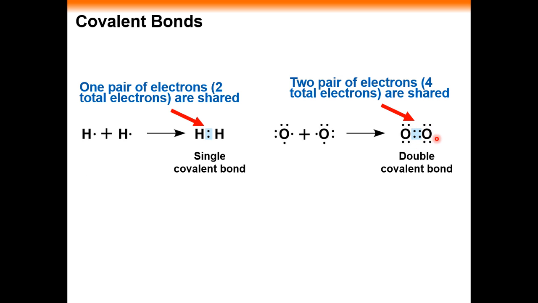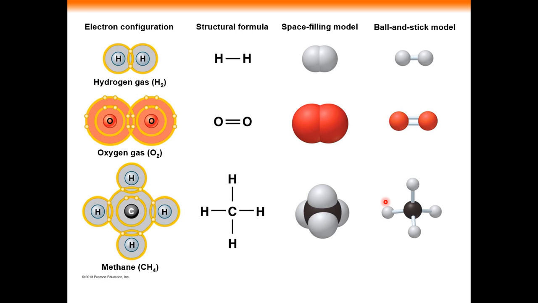This one has 2, 4, 6, 8. They both have 8 electrons. They only share 4 total electrons, but they now share enough so that they each have that complete valence shell. They satisfy that octet rule.